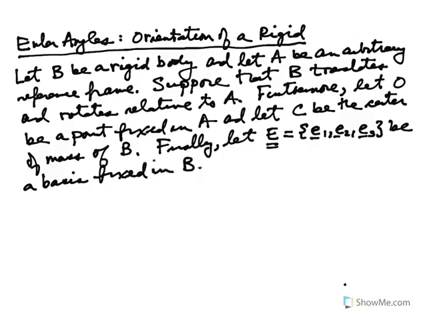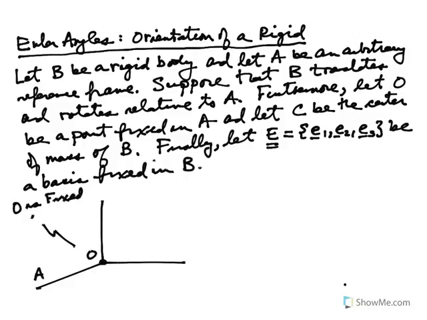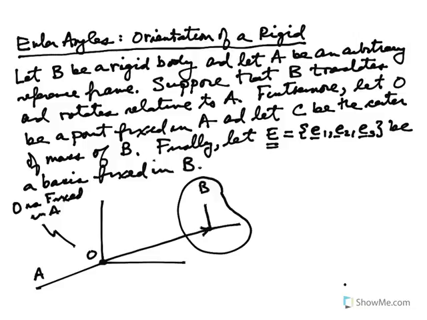Now, the way this picture looks, it's the standard picture, but we're going to do some things to it that are a little different from what we've done before with kinematics. Here we have a frame A, and we have a point O, and O is fixed in A. And then we have a rigid body, B, and we have the center of mass of B, which is a point which I'm going to define as C. And then we have a basis, and that basis I'm going to define as E1, E2, and E3.